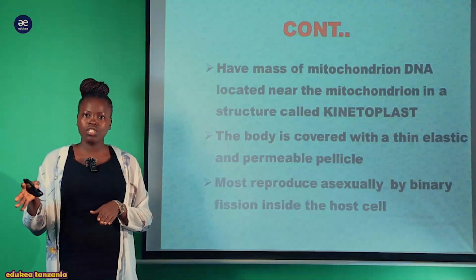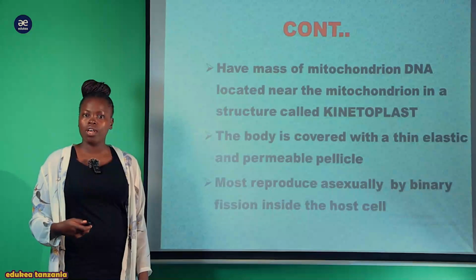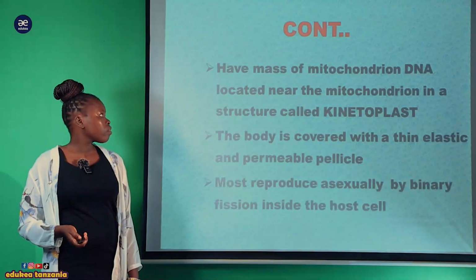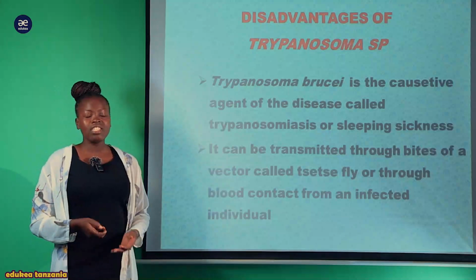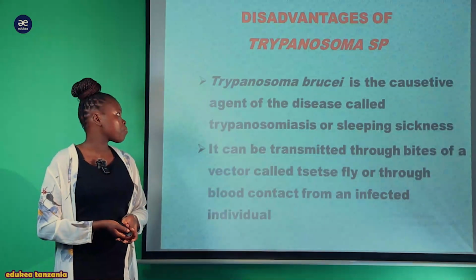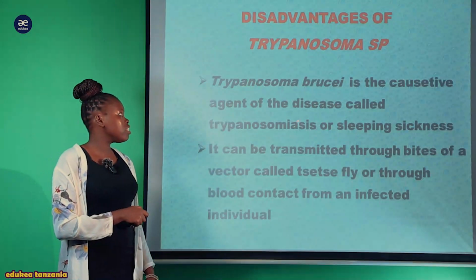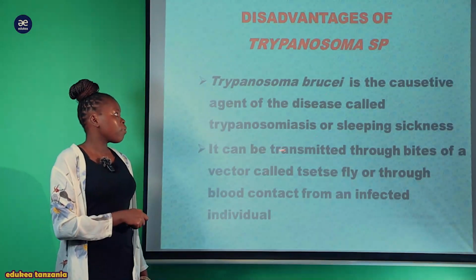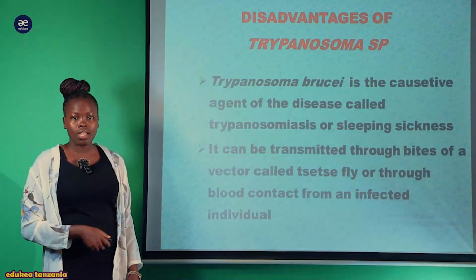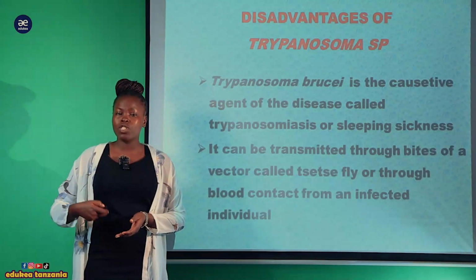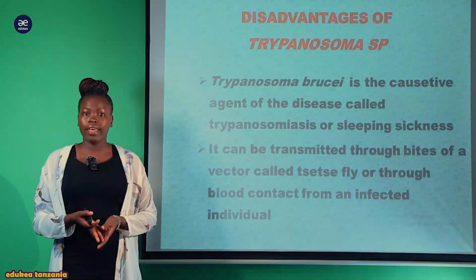Now, what are the disadvantages of the trypanosoma species? First off, trypanosoma brucei is the causative agent of the disease called trypanosomiasis or sleeping sickness. Trypanosoma is one of the protozoa that causes sleeping sickness. We have heard of many cases in Africa, West Africa, Sudan. Most people are suffering from this disease, which is sleeping sickness.